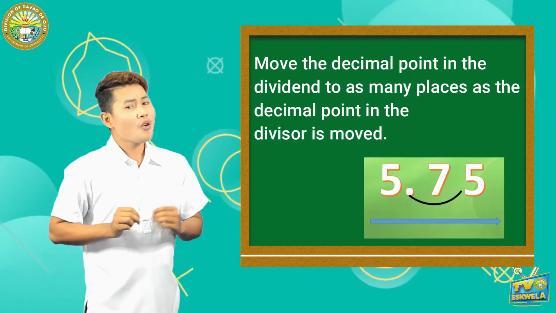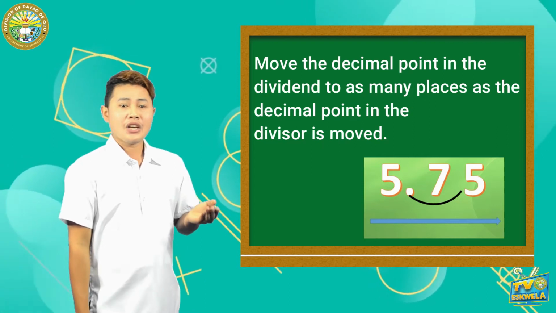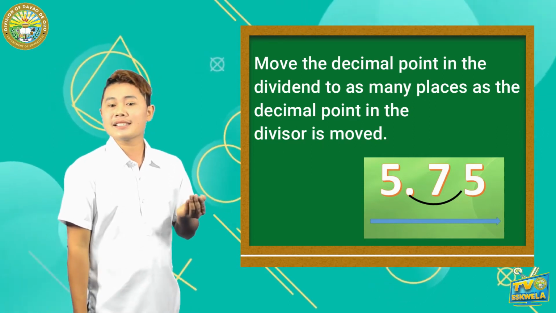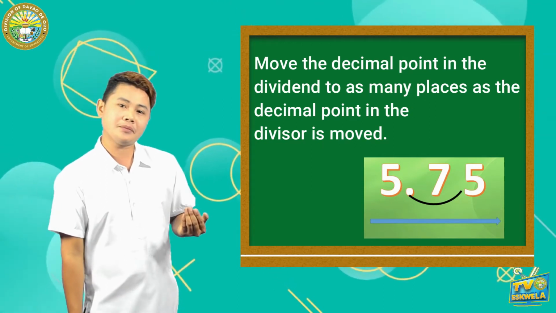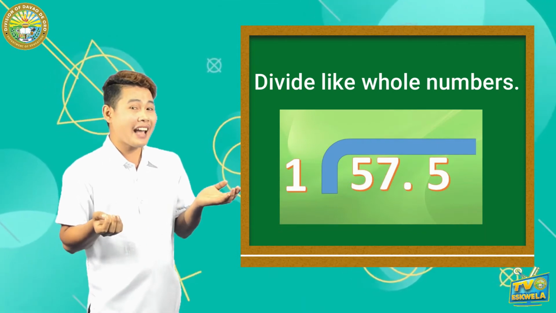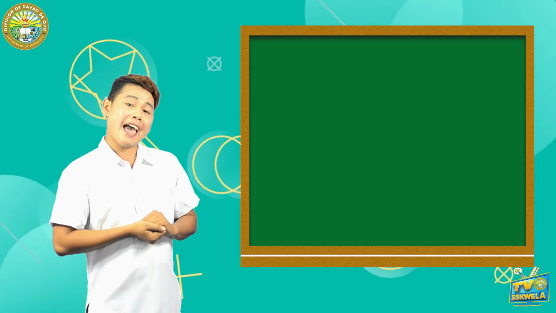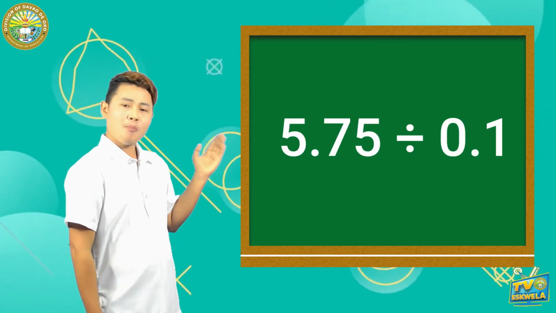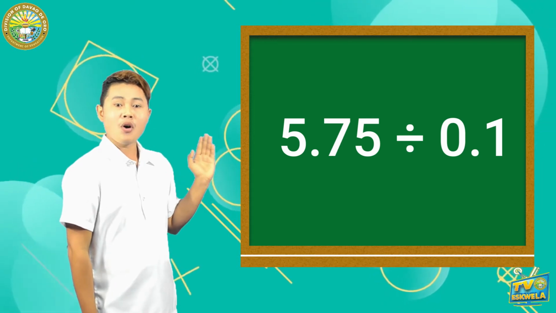Second, move the decimal point in the dividend to as many places as the decimal point in the divisor is moved. Third, divide like a whole number. In our problem, we have 5.75 divided by 0.1.